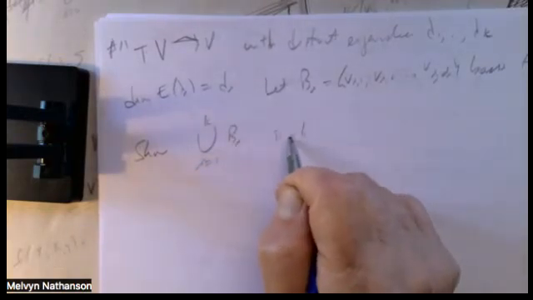This is a basis for the eigenspace E of lambda i. And I want to show, this is the exercise, that if I take the union of these sets of vectors, it is a linearly independent set of vectors.